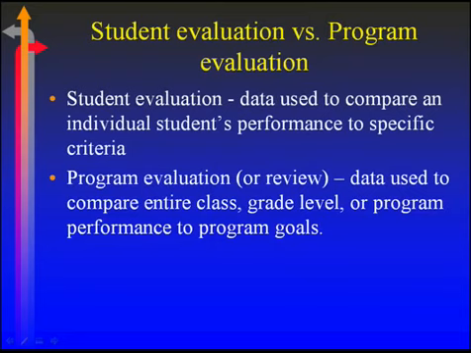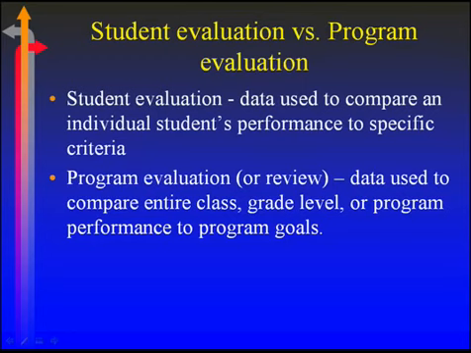So let's look at the difference between student evaluation versus program evaluation and program review. In student evaluation, data is used to compare an individual student's performance to specific criteria. So, how did student A do on learning objective A? Whereas in program evaluation or review, data is used to compare the entire class, grade level, or program performance to the program goals.